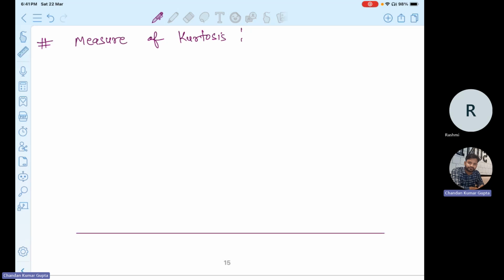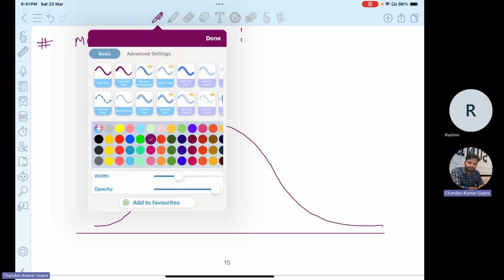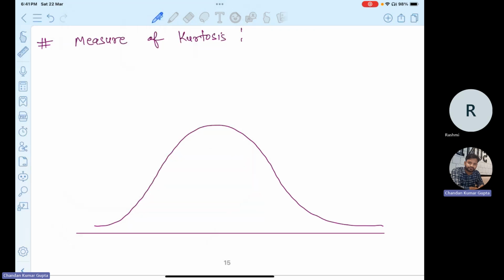Okay, now one curve is this. One curve is actually, it should not touch the ground, but pardon me for this.